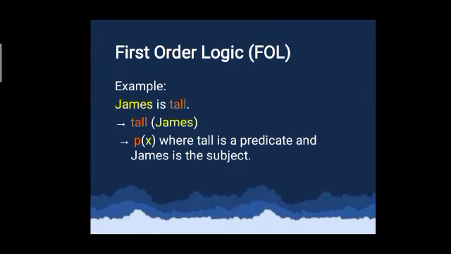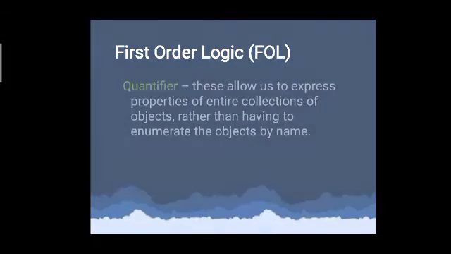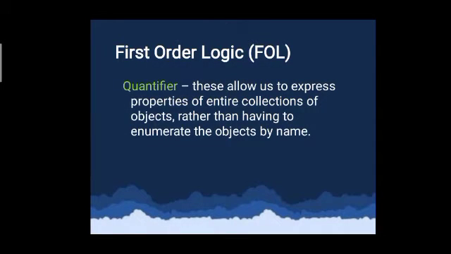So let's go ahead and see some more examples. Our next example is we are going to use quantifiers. So first, what is a quantifier? A quantifier allows us to express properties of entire collections of objects rather than having to enumerate the objects by name.